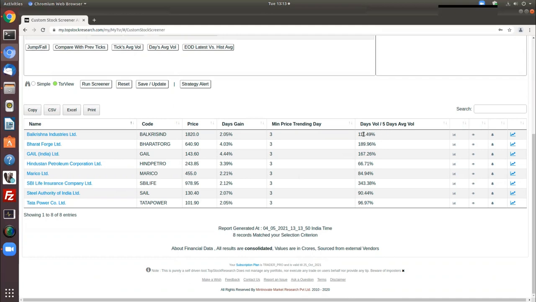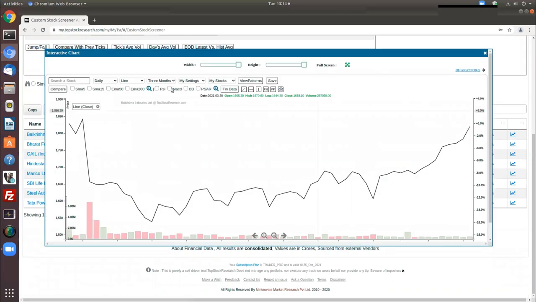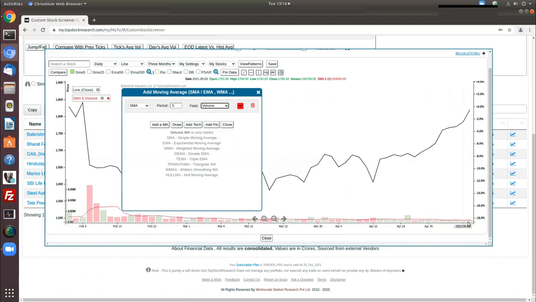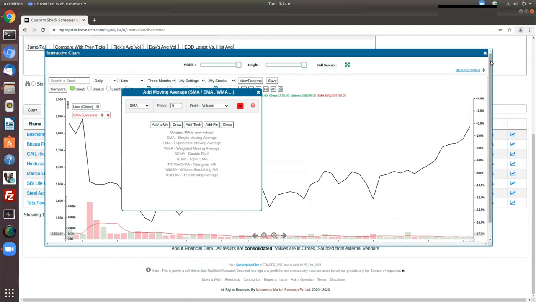It's about 111%. Now, when we look here at the volume, we select simple day moving average. I think I selected 5 days, and I chose volume. So this is how the volume looks. It's greater than the 5-day moving average volume.